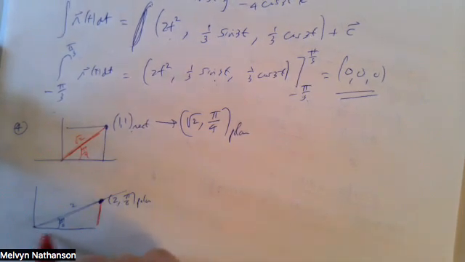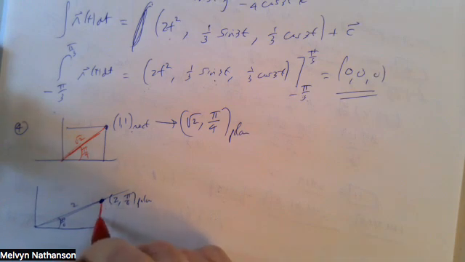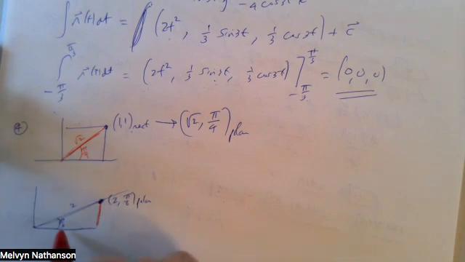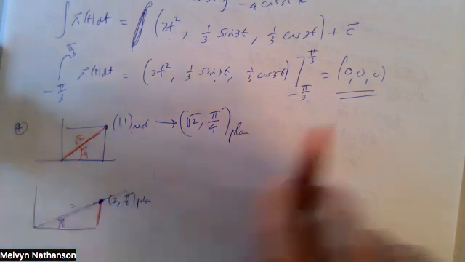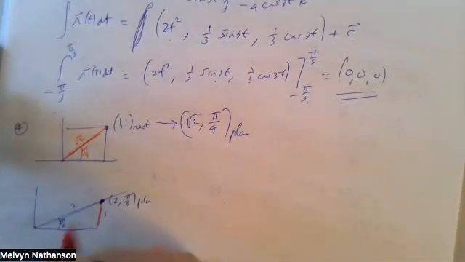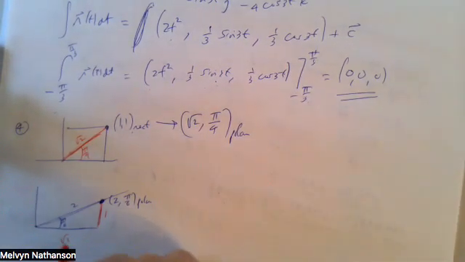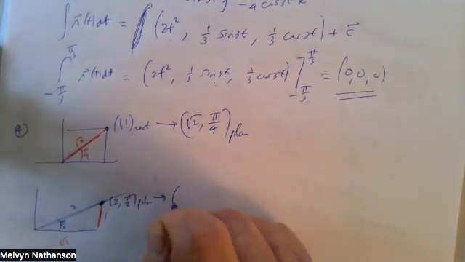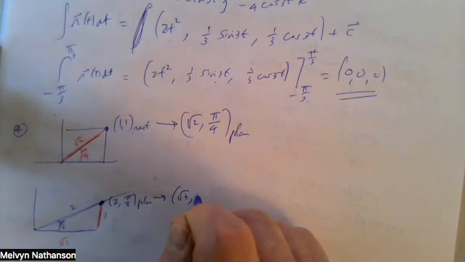Well, this is 2 times the cosine of pi over 6, and this is 2 times the sine of pi over 6. In a pi over 6 right triangle, this is half the hypotenuse. This is 1, and this is root 3 times 1, root 3. So when you change this to rectangular coordinates, you get square root of 3, 1.